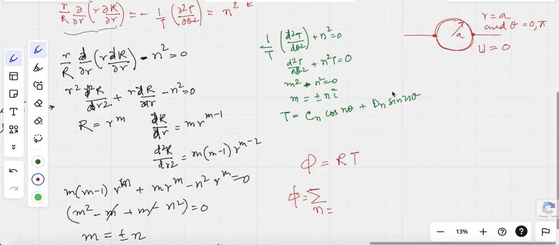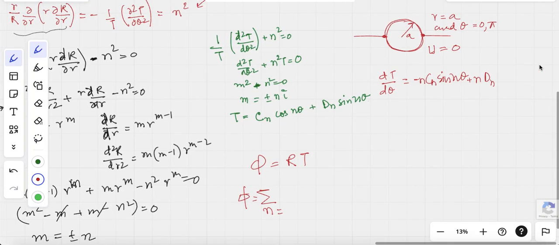So we will be differentiating this with respect to theta. dT by d theta is equal to minus Cn sin n theta times n plus n Dn cos n theta.